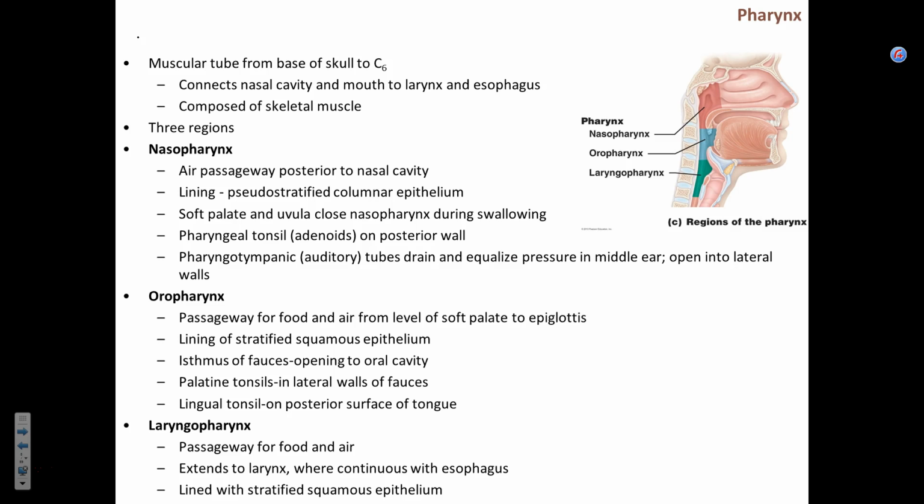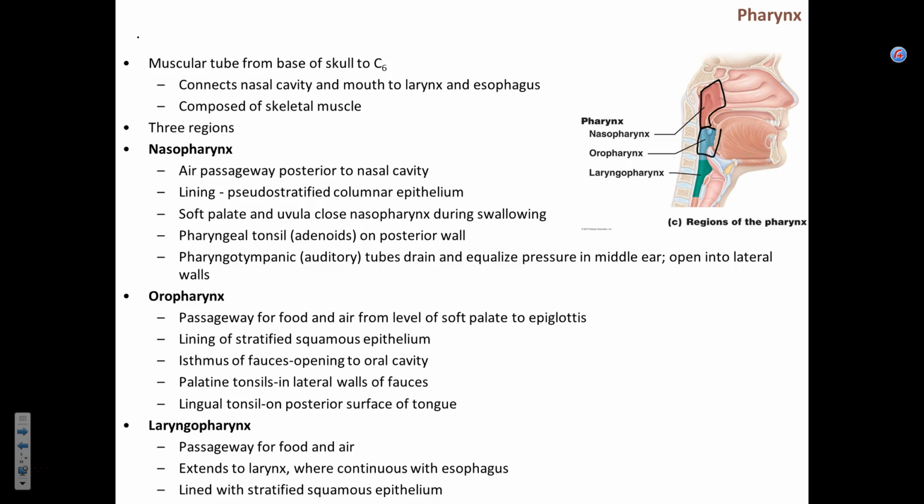So pharynx. We talked about it. I just want to remind you there are 3 parts. We have nasopharynx, which is entirely respiratory. Okay? So the covering is pseudostratified columnar epithelium.